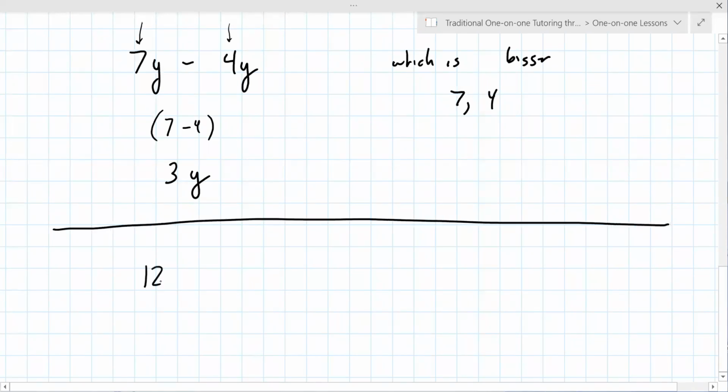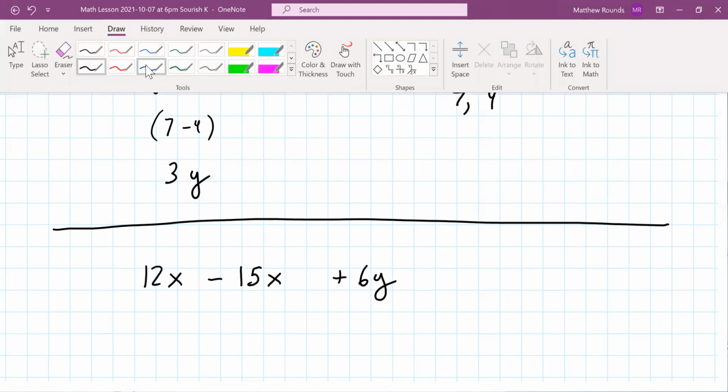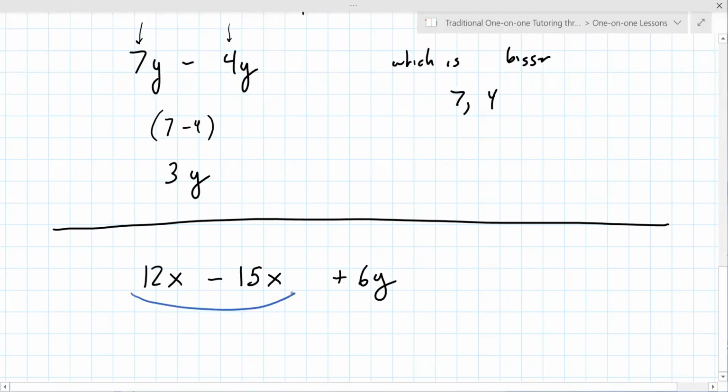What is 12x minus 15x plus 6y? Okay. So let's focus over here on the 12x minus the 15x.